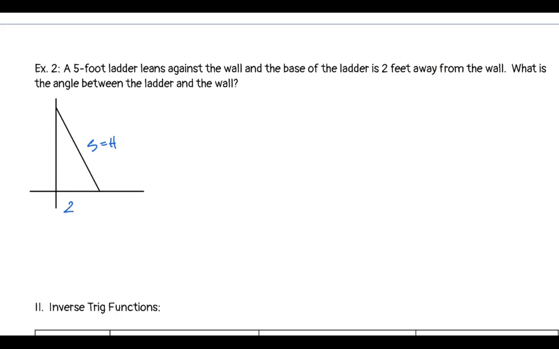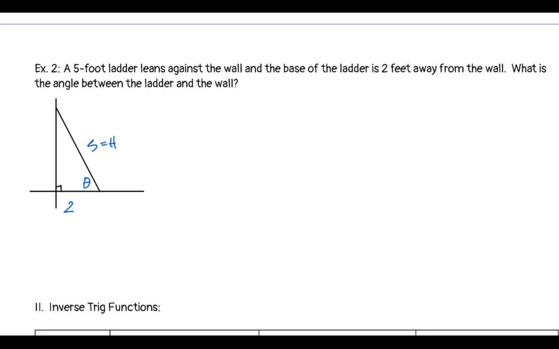Okay, and then the question says, what is the angle between the ladder and the wall? So where, my friends, should I put the theta? At the right bottom, like right here?